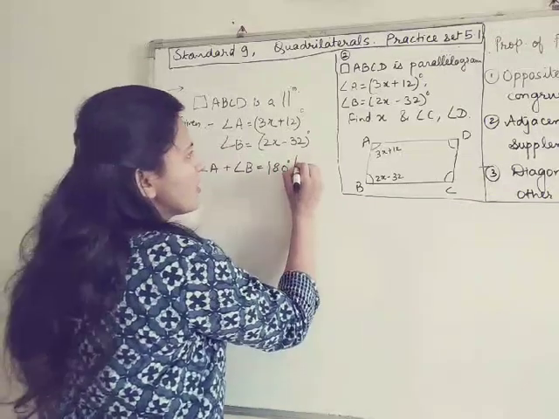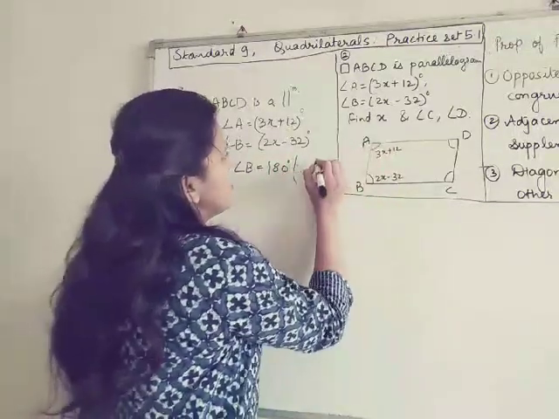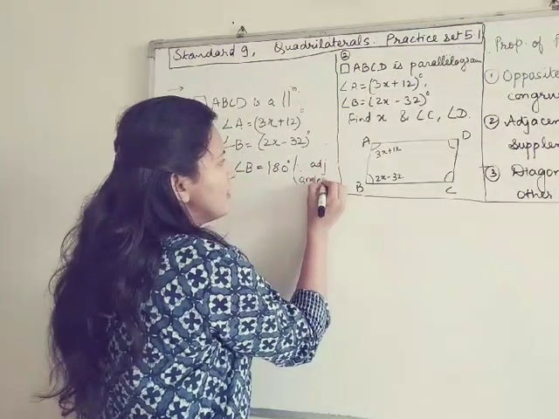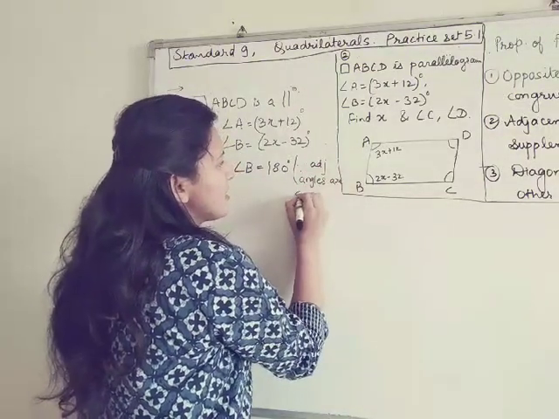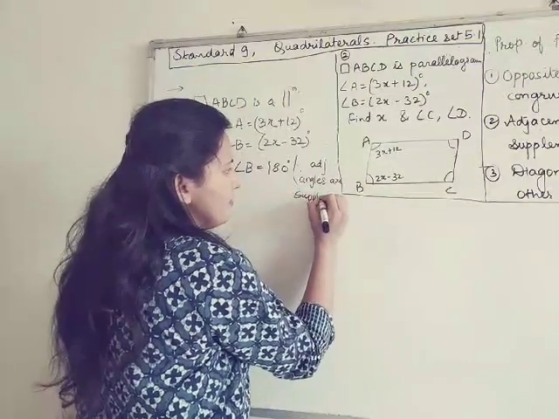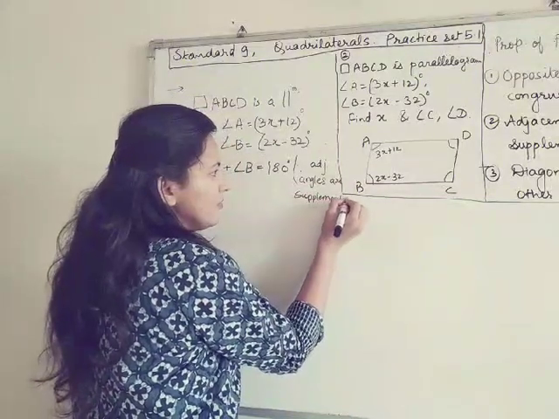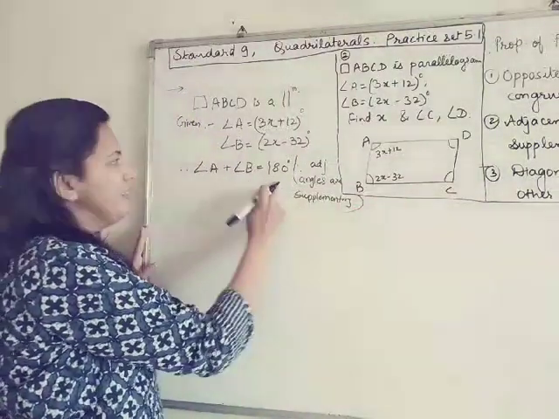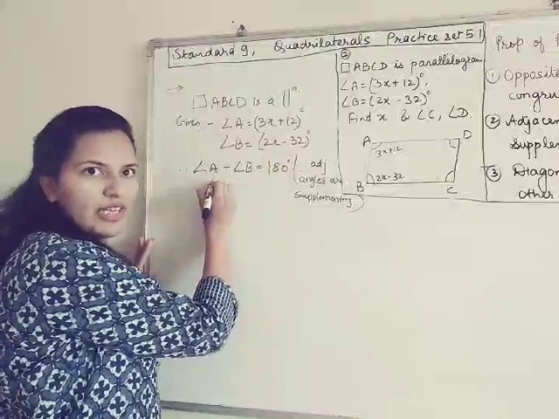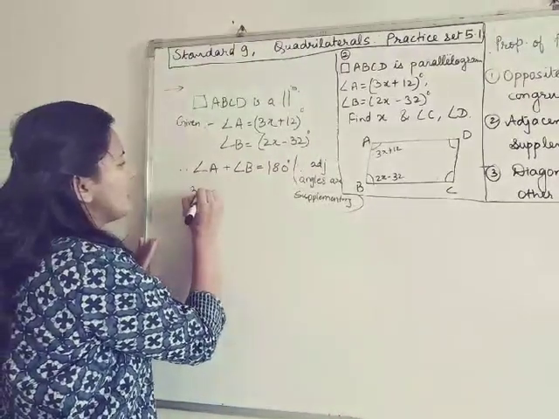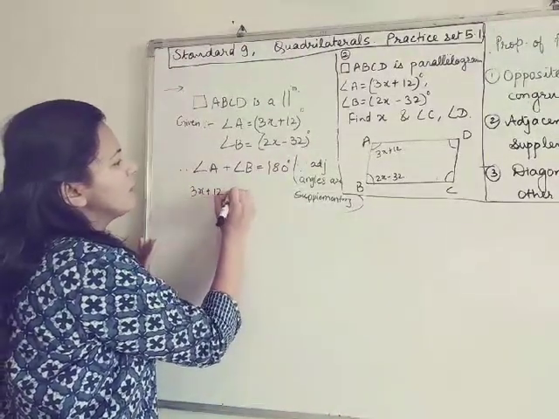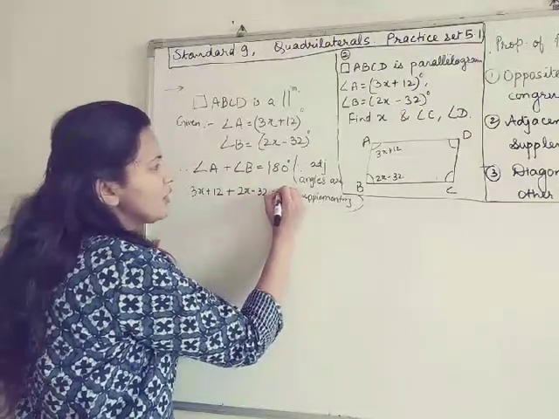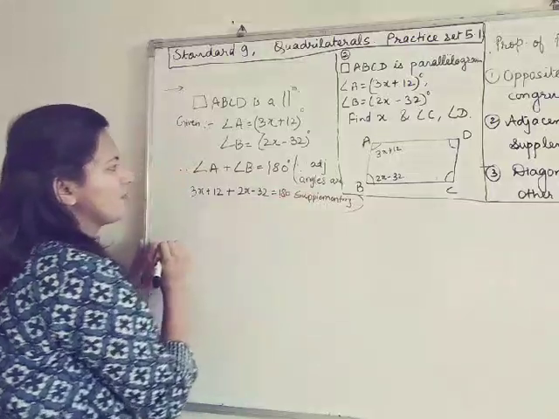Why? Since we are using the property known as adjacent angles are supplementary. So supplementary means addition will be 180. So what are the values of angle A and angle B? 3x plus 12 plus 2x minus 32 is equal to 180.